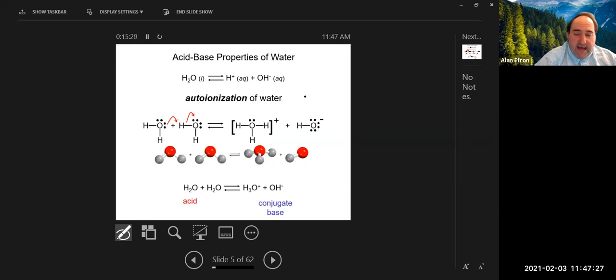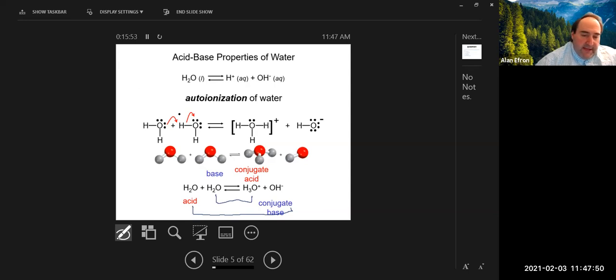So if that's our acid, again, the relationship between these two, acid on one side, conjugate base on the other, the difference is only one H plus. If we go the other way, our base here and its partner on the other side, the conjugate acid, again, only one H plus difference, one more in that particular case.